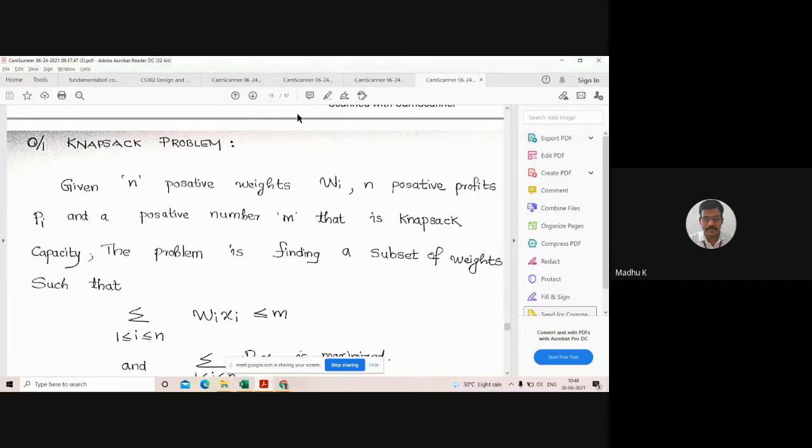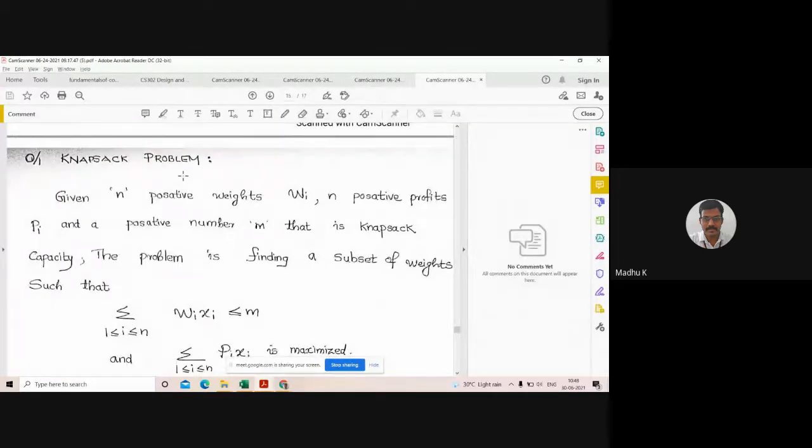Okay, so what is the 0/1 knapsack problem? We already discussed what is the knapsack problem. So given n objects, with n positive weights wi and positive profits pi, and a positive number m, that is the knapsack capacity.